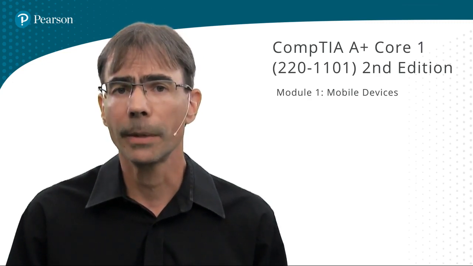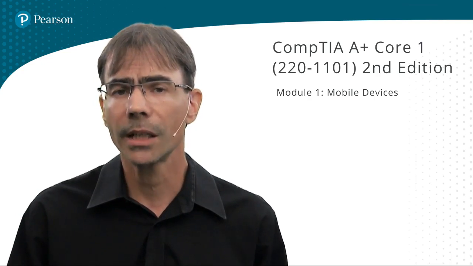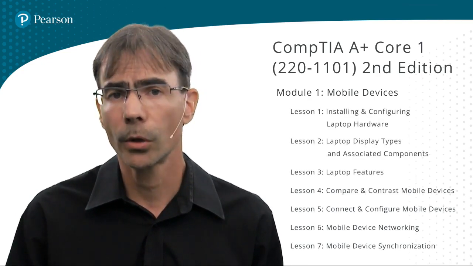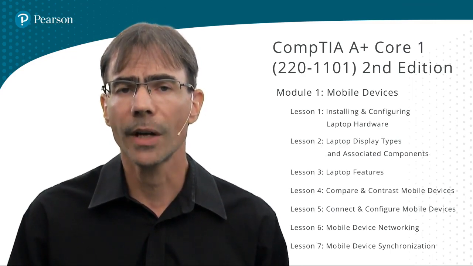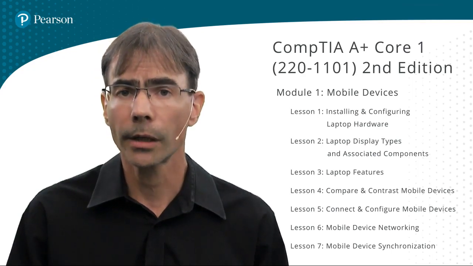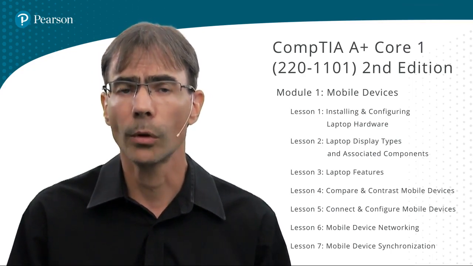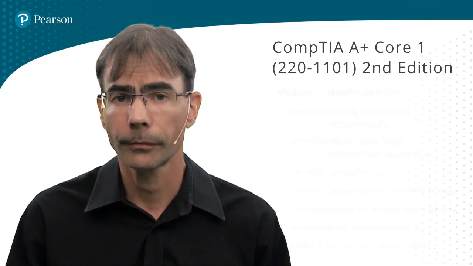Mobile device usage has been steadily on the rise for many years. Here we dig into laptops, smartphones, and tablet computers. However, this module focuses on the hardware of these devices only. Software is covered in the 220-1102 exam, which has a separate video course.